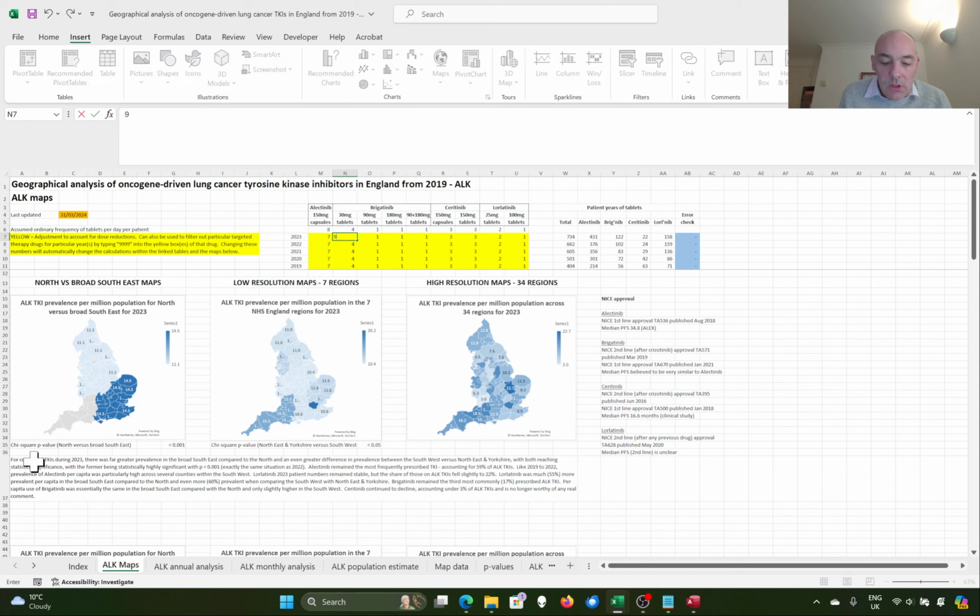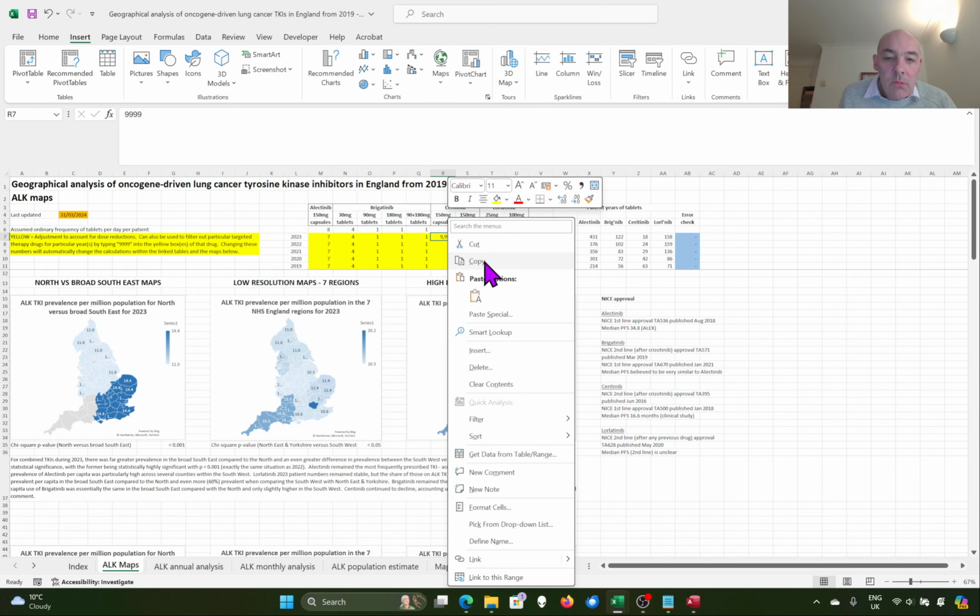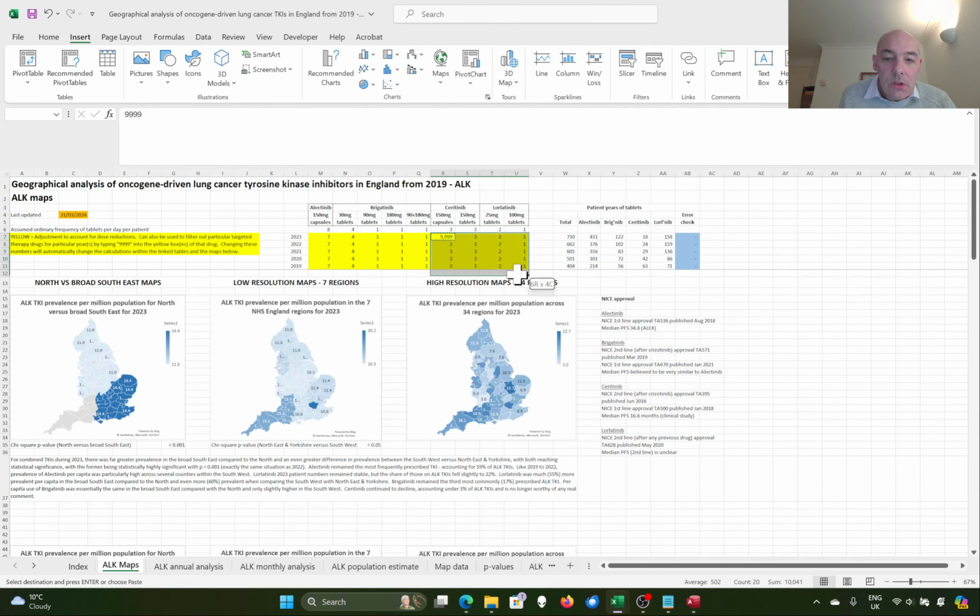So for instance, let's just do first line drugs, we take out ceritinib and lorlatinib, so copy 9999 across, and that screens ceritinib and lorlatinib out, and then that changes the maps, and you can see those have all gone down to 0. So these are just the alectinib and brigatinib numbers.